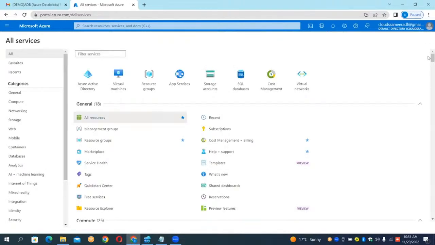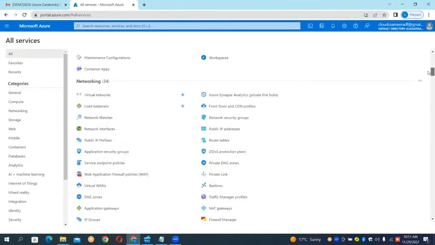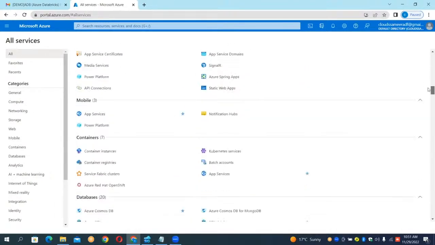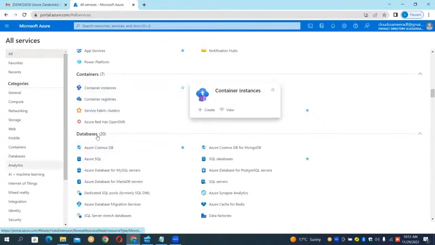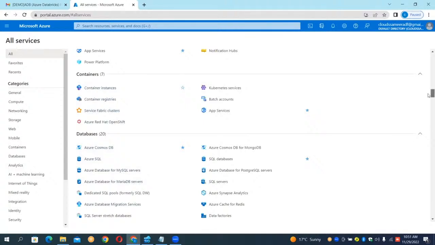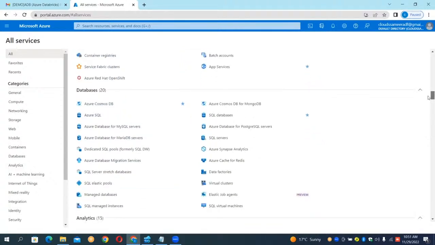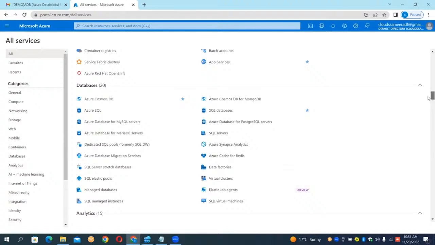Can you see here? All these are the services, and these are the storages. These are called container storages, and these are database storages. Container storages are 7, database storages are 20.